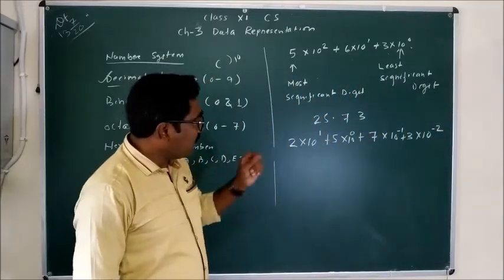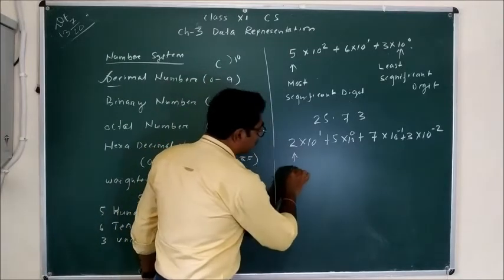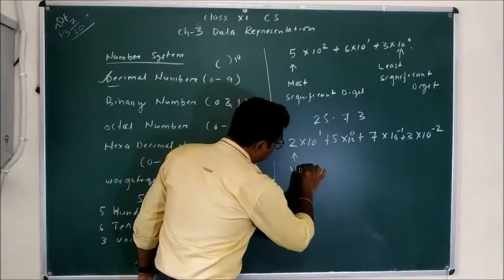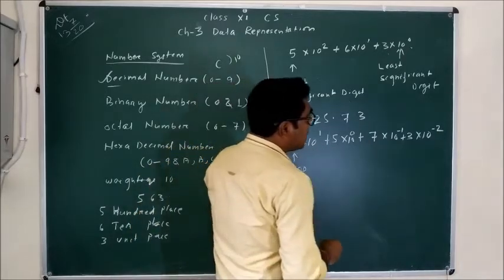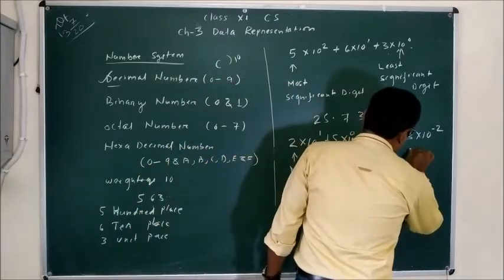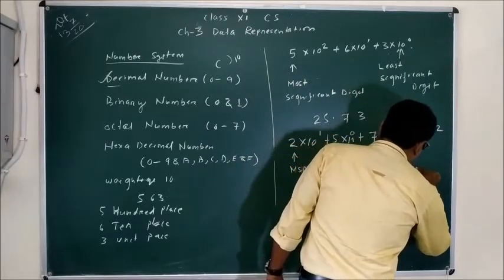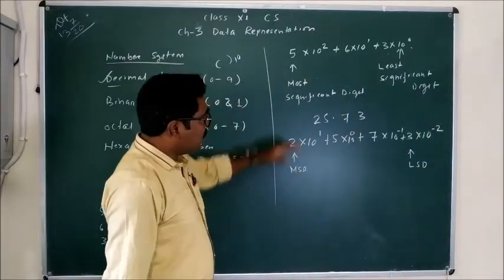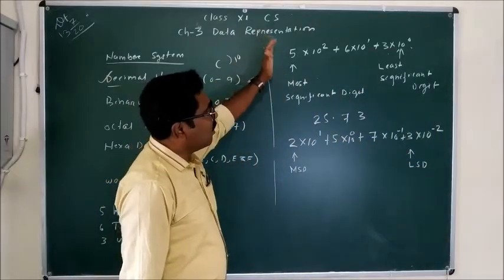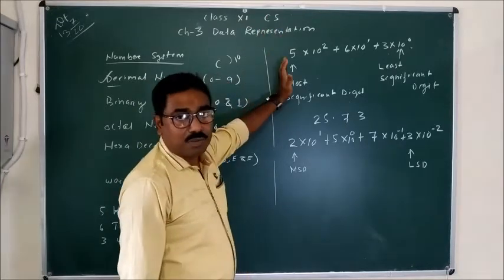So in this case, the most significant digit is 2, that is the MSD, and the least significant digit is this 3. So this is how the weightage of a number can be specified or obtained.